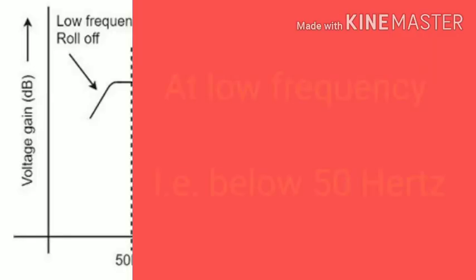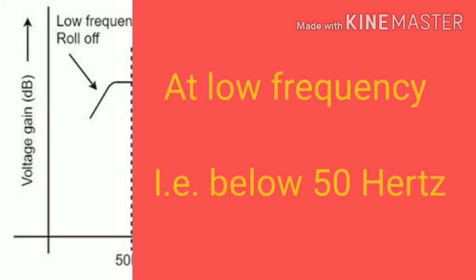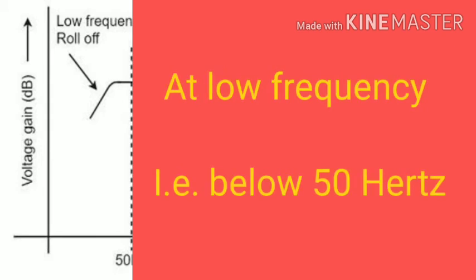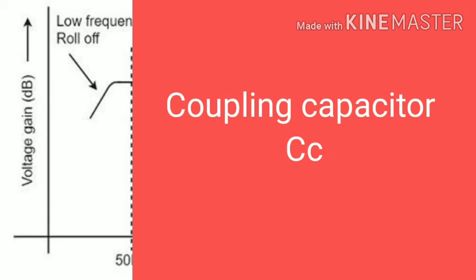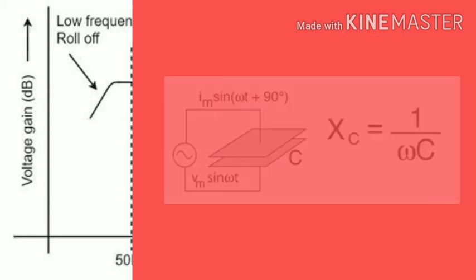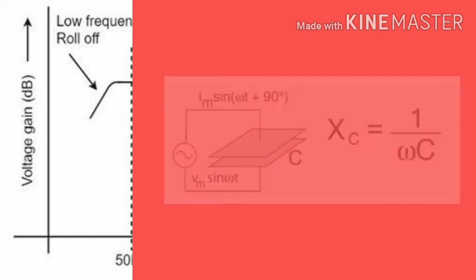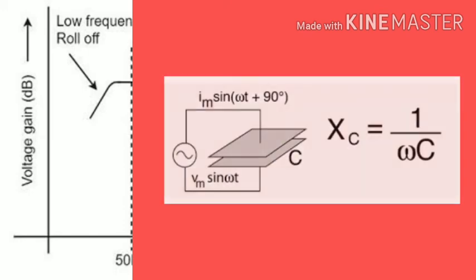Now we will discuss why the voltage gain falls off at low frequency, that is below 50 Hz. The first reason is CC, the coupling capacitor. The reactance of the capacitor is given by Xc equal to 1 divided by omega C, where omega is 2 pi f.